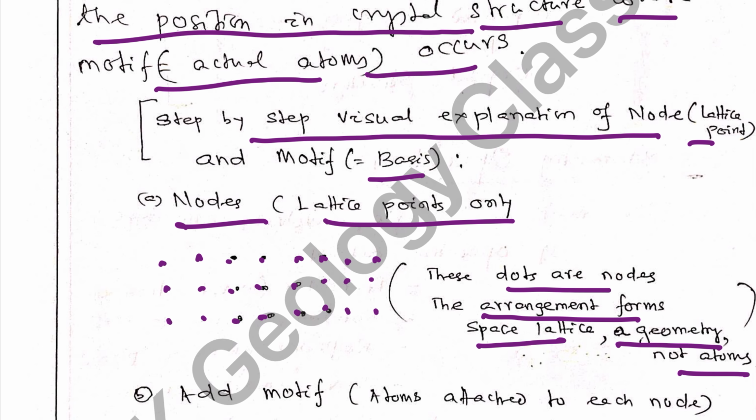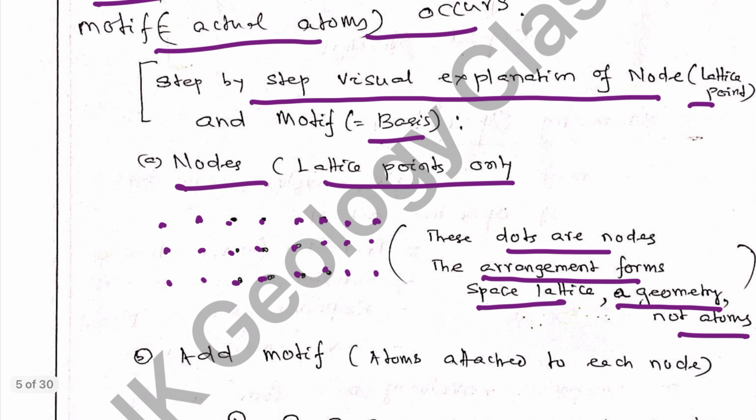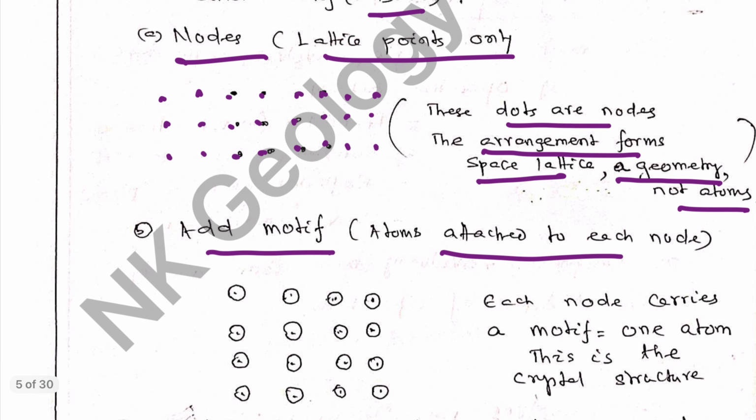This lattice is the position where the atoms are found to be repeated, and at these positions the motif is being attached to the nodes. So here these are the nodes, and each node is being attached to an atom. One atom is attached to each node.